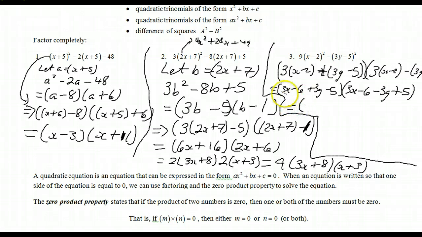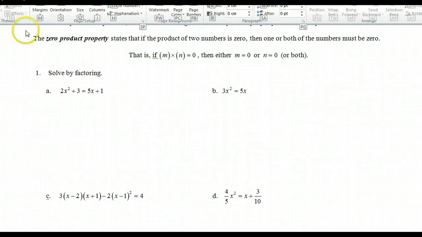Collecting down, we have 3x plus 3y minus 11. And a noisy background here, but I'm going to persist. 3x minus 3y minus 1. So those are the factorizations of that. I'm going to pause. We'll scroll down a little bit and take a look at what's next.